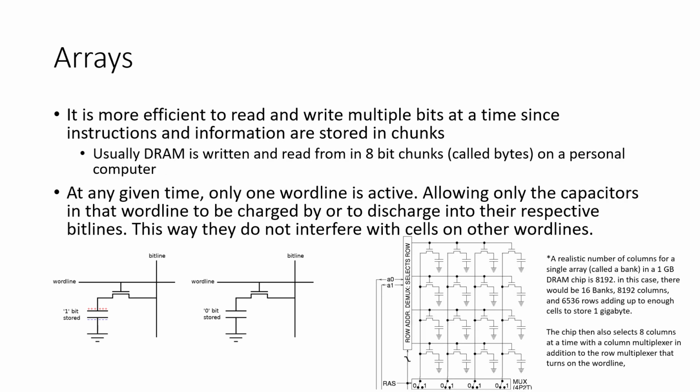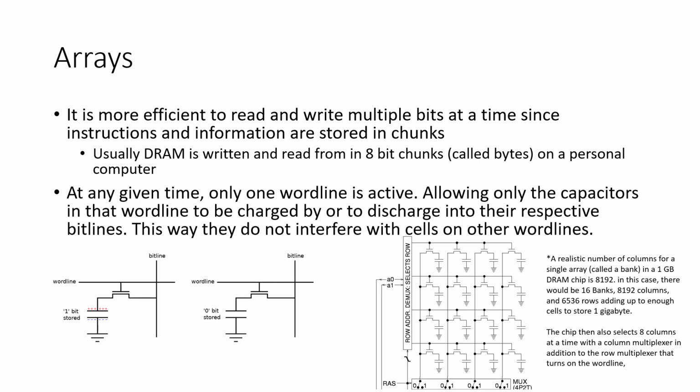I mentioned earlier that DRAM chips are organized into arrays, and this is because it's more efficient to read and write to multiple bits at the same time. Since you're storing your information in chunks, you might as well read and write it in chunks. Makes it faster. On the bottom right here, you can see a 4x4 array.